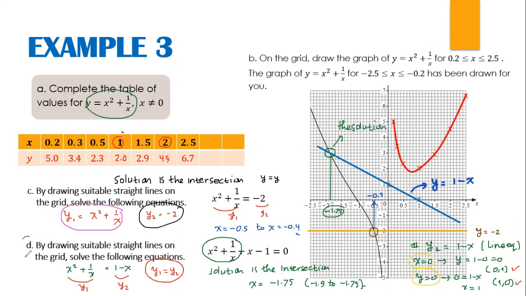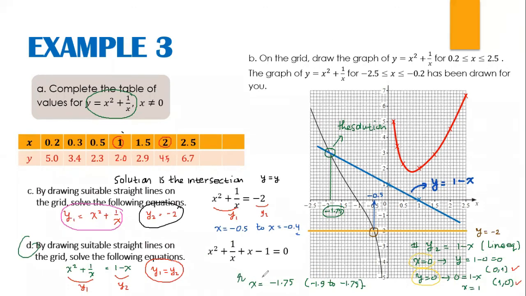So by drawing the suitable straight lines on the grids for the following equation, x squared plus 1 over x plus x minus 1, the answer is minus 1.92 to minus 1.75. So this is the answer.